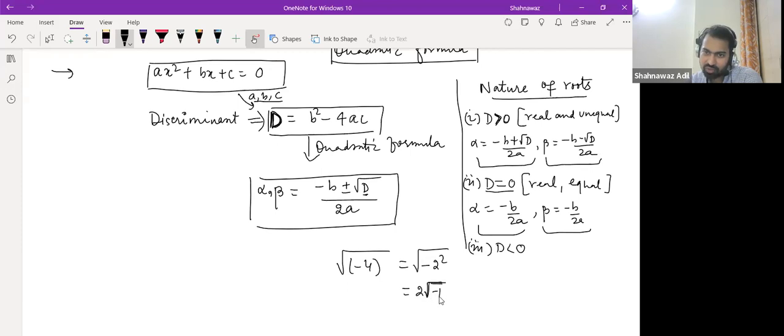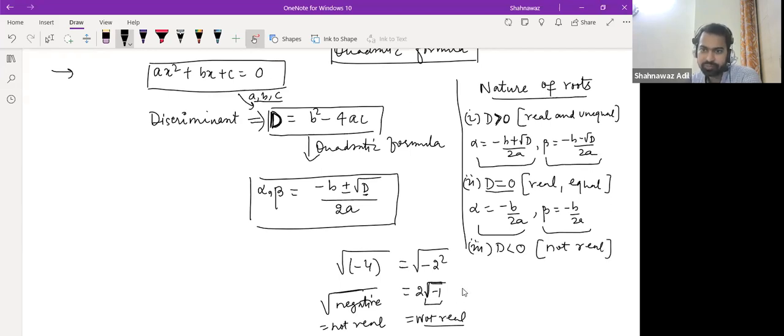Do we know the value of root minus 1? No, this is not defined. So this is not real. If D is negative, we can't find the root of a negative number, so the solution would be not real. Is this clear to you? Less than 0 is negative, right?